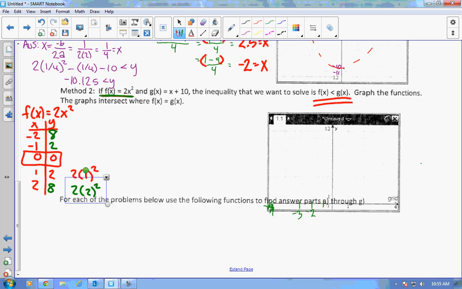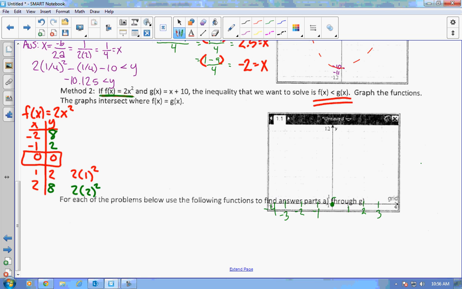Oh, I get it. This 1 is kind of in a weird spot, because this 1 is fine. 1, 2, 3, 4. Negative 1 should really be there. Negative 2, negative 3, negative 4. Okay, and it looks like these lines are counting by 1s, all the way up to 12. So we need to plot the vertex 0, 0.